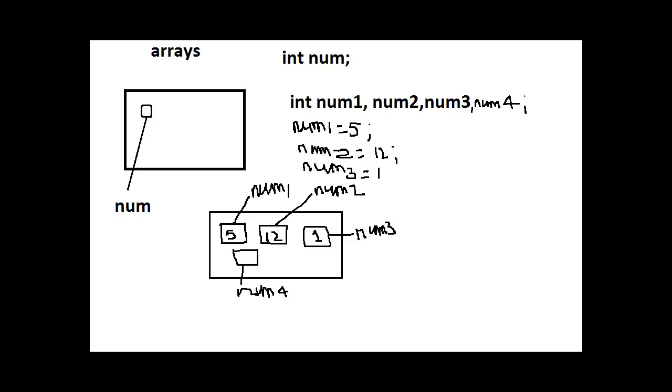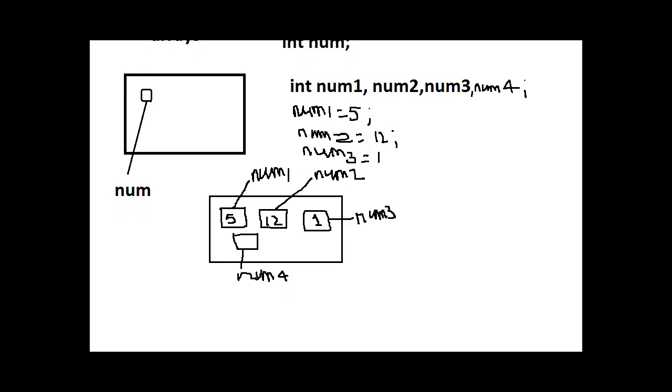But what if we have a large number of variables? Suppose we have to enter marks of 100 students in mathematics. So how will we proceed?